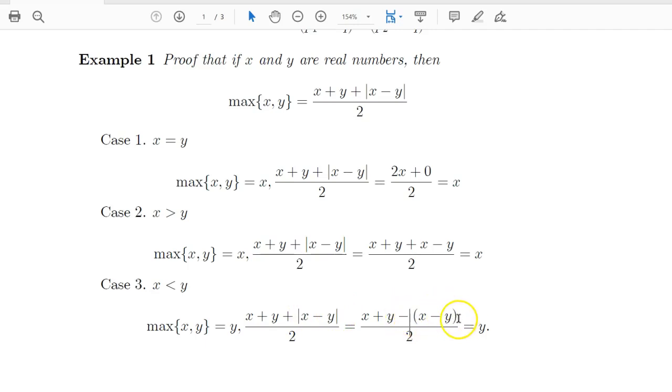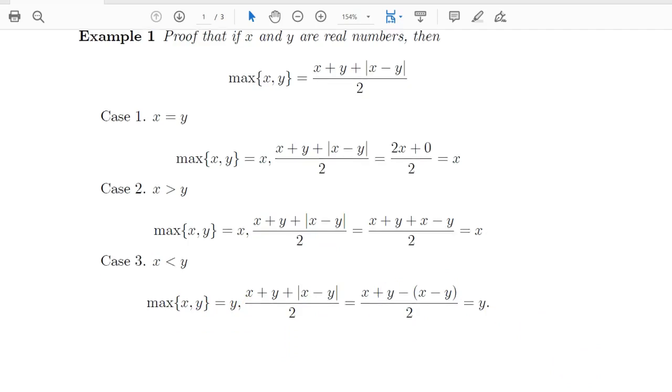Negate x minus y. Evaluate the numerator, now it is 2y. 2y divided by 2 is y. And we get the same result. So the equality is established again, and this completes the proof by cases.